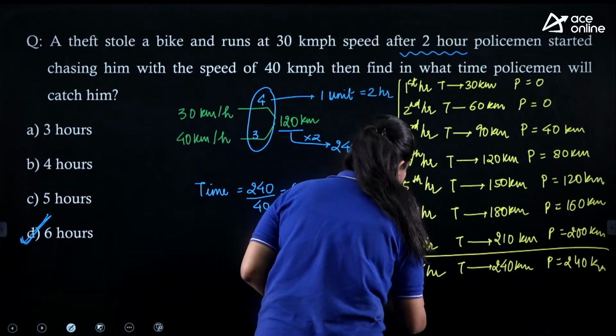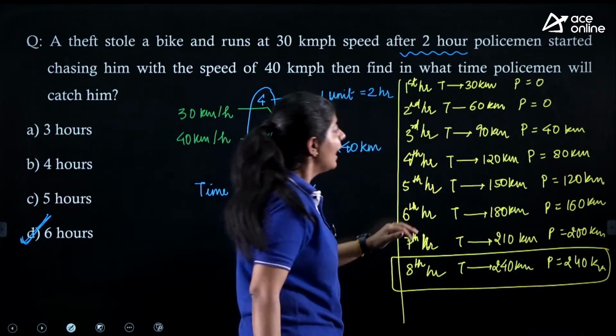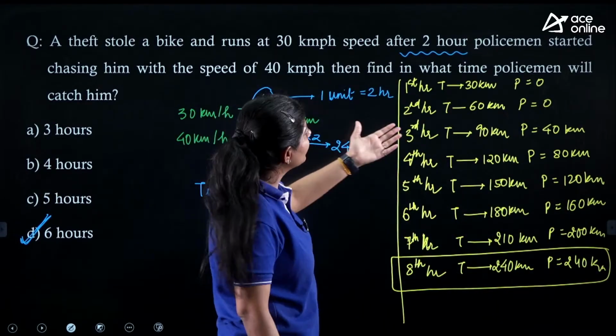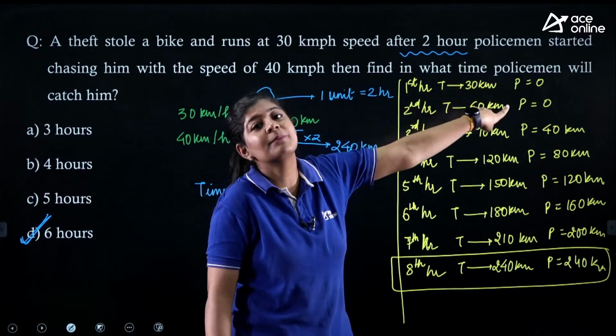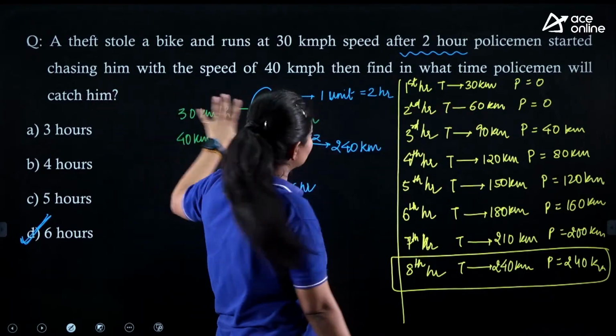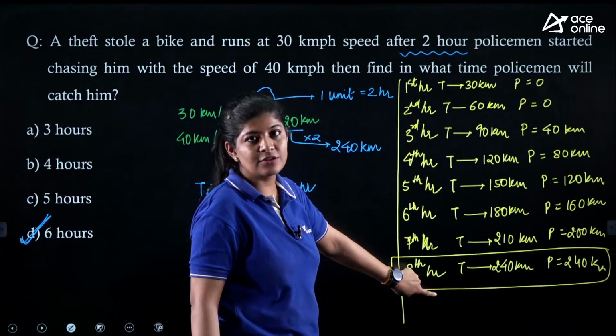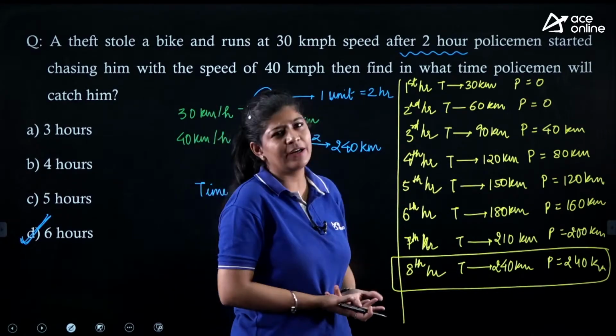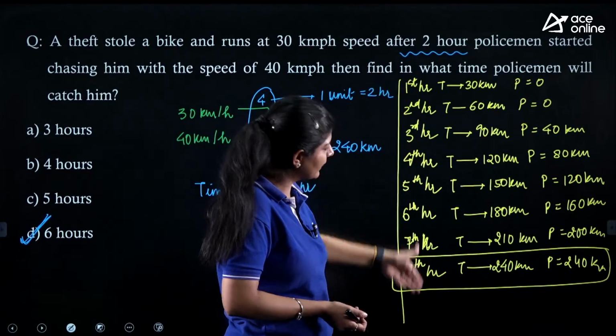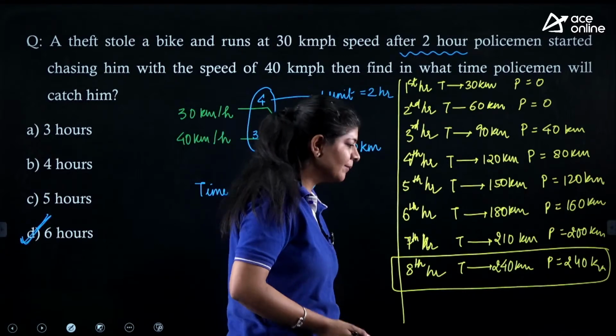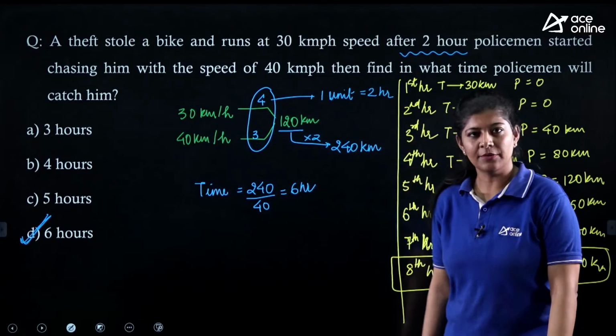Basically at this position police got the thief, but with respect to police, as we need to find out what time the policemen will catch him, with respect to the policeman we only covered a distance of 6 hours, and if we want to find out in terms of the thief, then it will take a total of 8 hours, right? So accordingly we can get it.